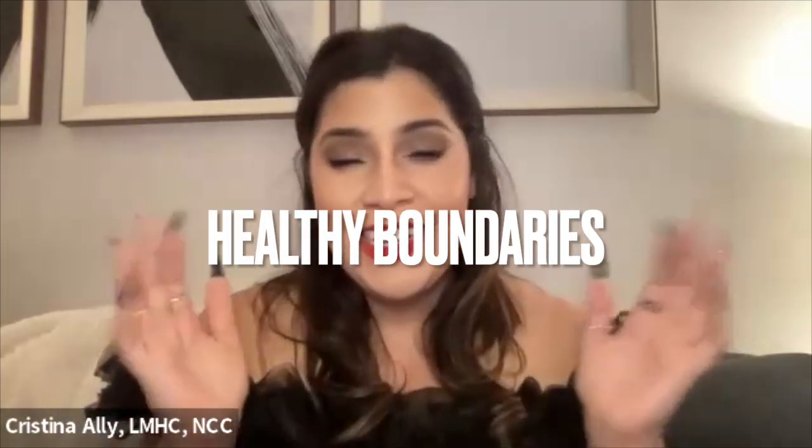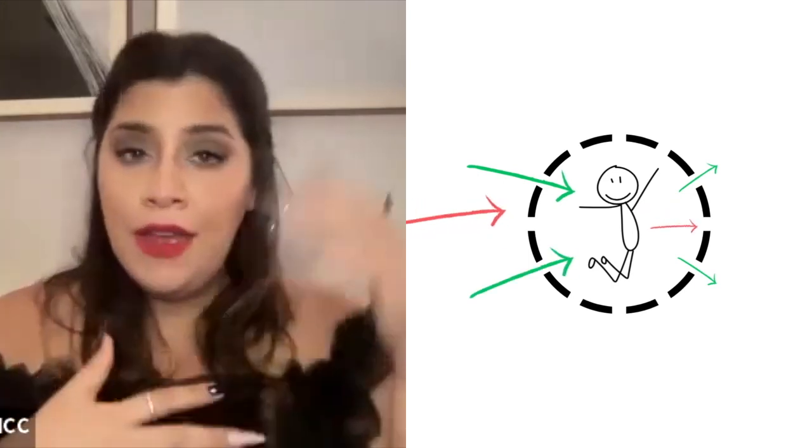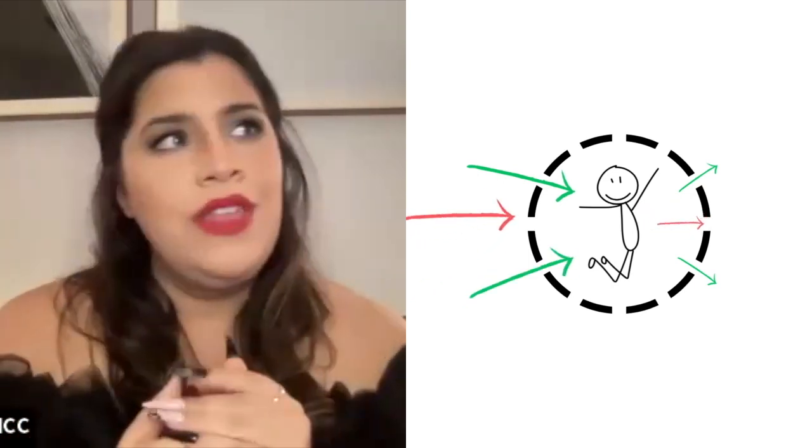Okay, and the last boundary style that I want to go through with you is, of course, healthy boundaries. The joyful noise of healthy boundaries. So, with healthy boundaries, we're able to let some in, not everything, some good in, and some of our goodness out. That doesn't mean we're volunteering for everything, but we might volunteer for something that's really meaningful for us.